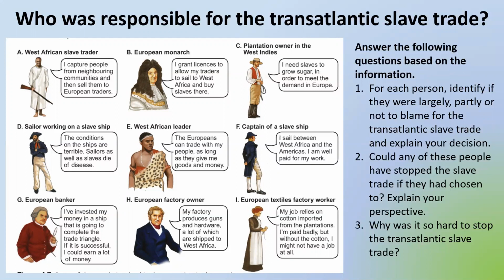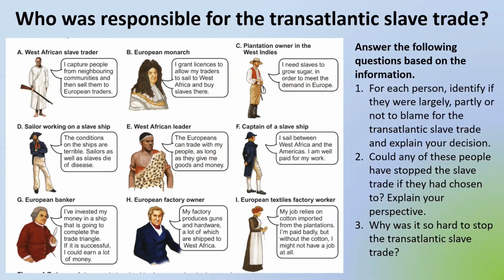However, her job benefits and relies on the goods from the slave trade. So would she be largely, partly, or not to blame? Have a think, write down what you think and why she would be largely, partly, or not to blame at all for this slave trade.